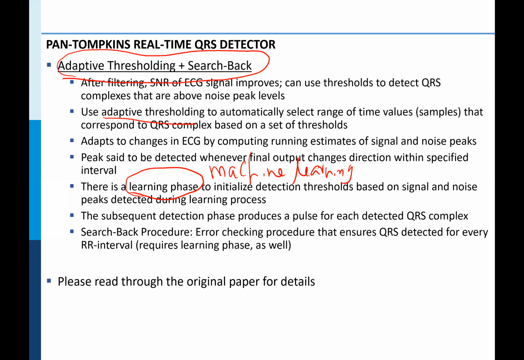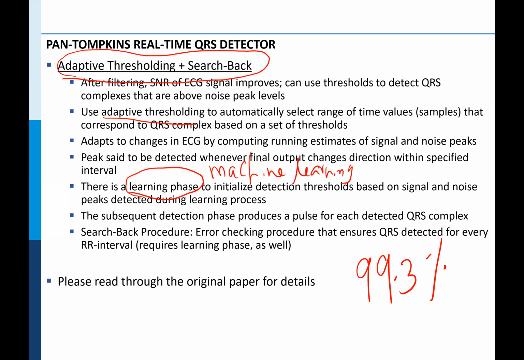With their own thresholding, which they applied on a very popular data set available in PhysioNet, they got an accuracy of 99.3% in identifying QRS complexes, and the technique is also fully real time, because as we have seen, very little delay has been introduced by the various filters.